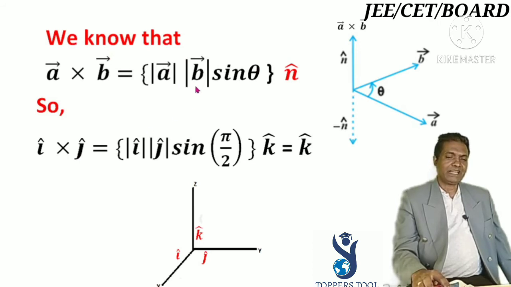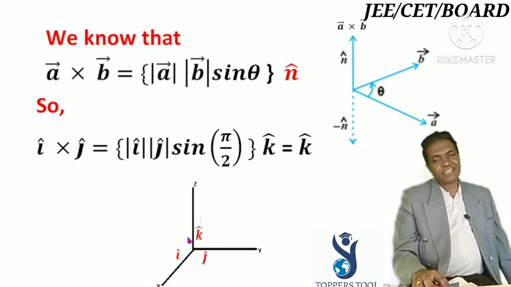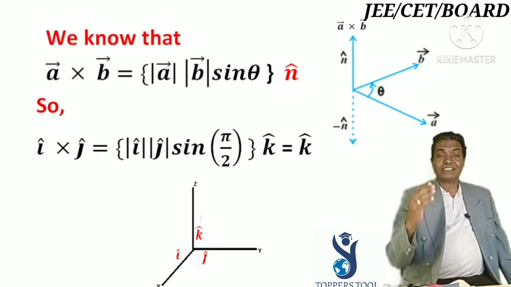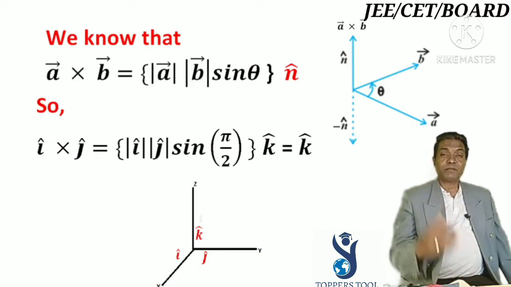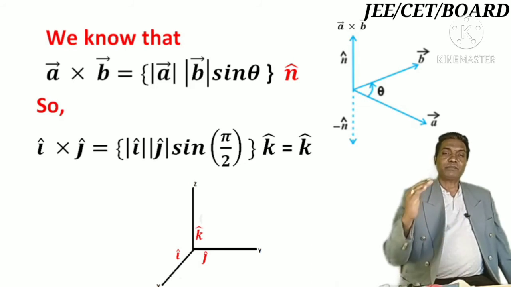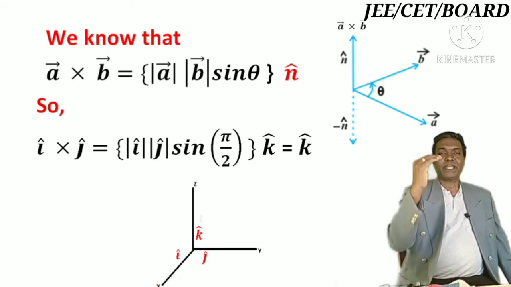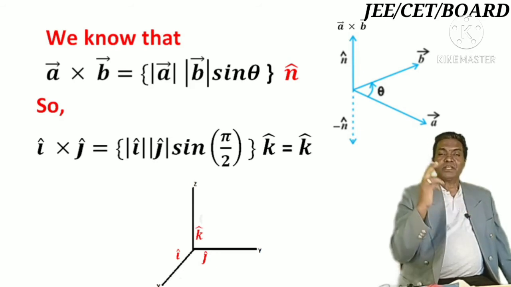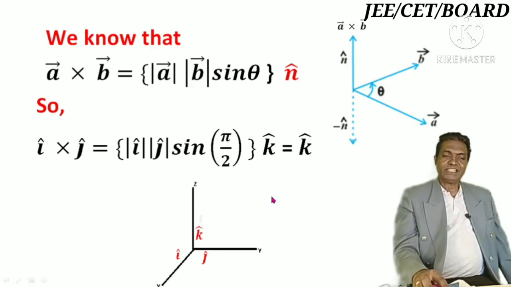Just apply here I, j, and the angle between I and j. As we know, I, j, k are unit vectors along the x axis, y axis, z axis, and you know that the x, y, z axes are mutually perpendicular. That means I is perpendicular to j, j is perpendicular to k, and k is perpendicular to I. So that is why the angle between them is 90 degrees. So sin 90 is 1. So you will be left with this.